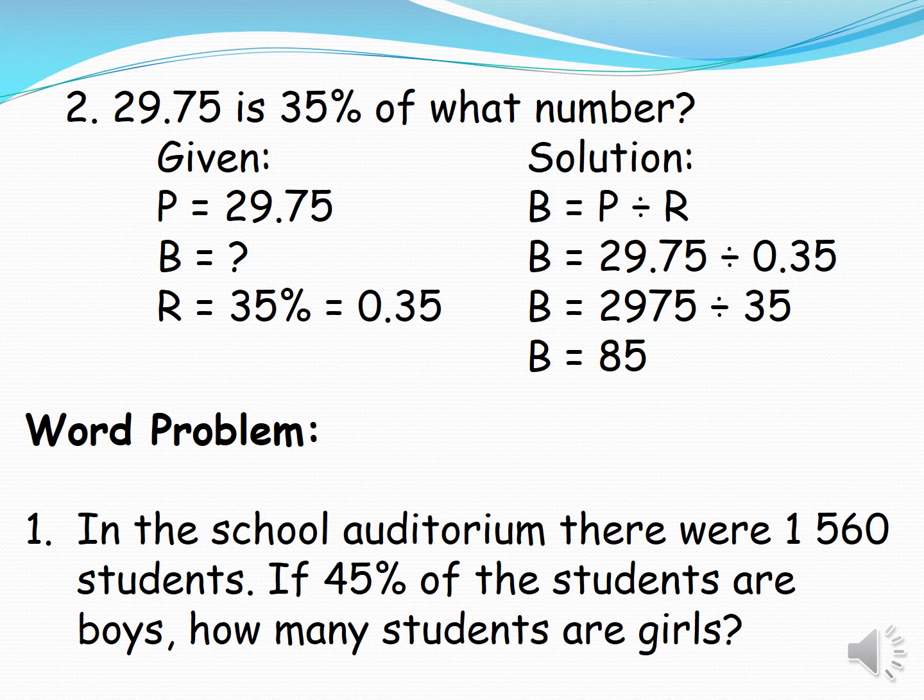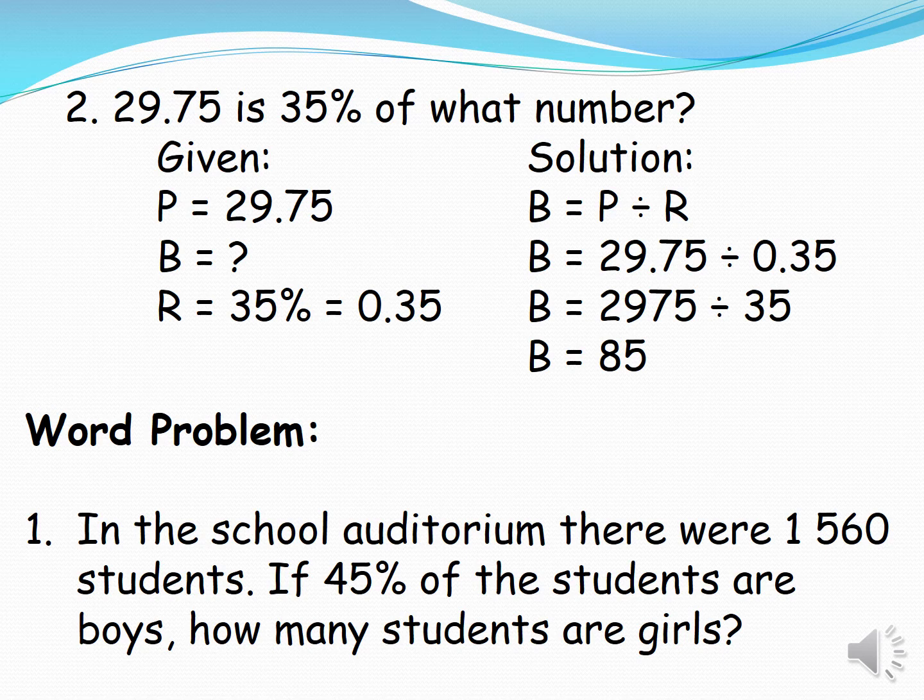Number 2. 29 and 75 hundredths is 35% of what number? Given percentage is equal to 29 and 75 hundredths, base is unknown, rate is equal to 35%, equal to 35 hundredths in decimals. Solution: base is equal to percentage divided by rate.